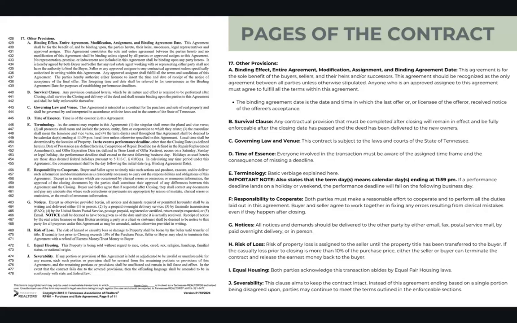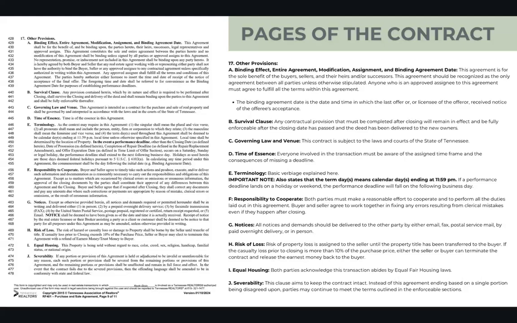Basic verbiage is going to be explained in E, terminology. So an important note is that the term days means calendar days ending at 11:59 p.m. If a performance deadline lands on a holiday or weekend, the performance deadline will fall on the following business day.